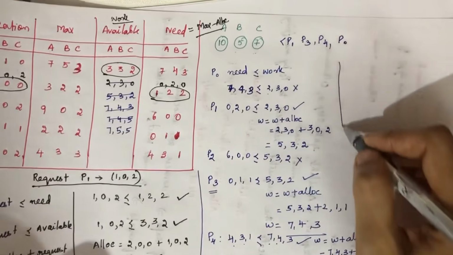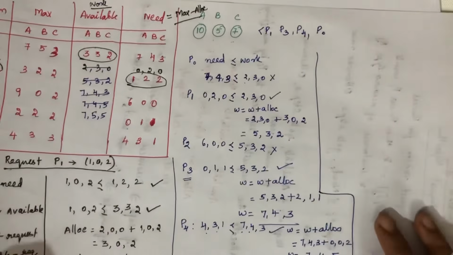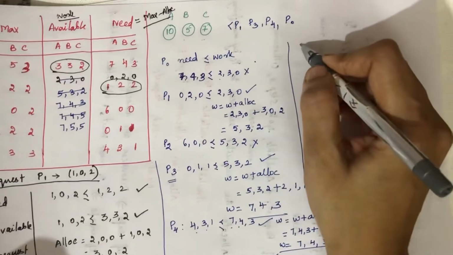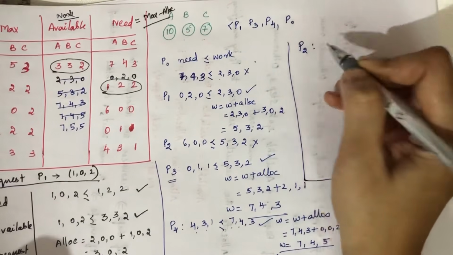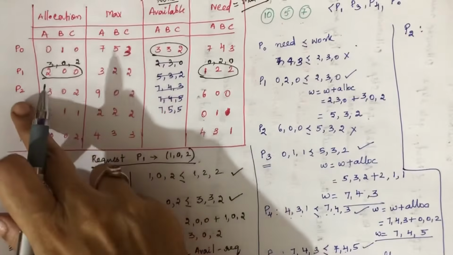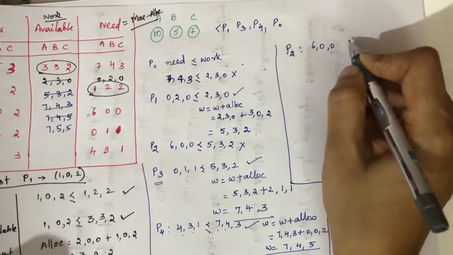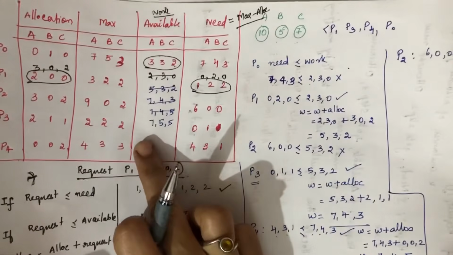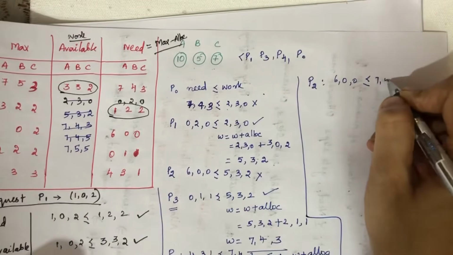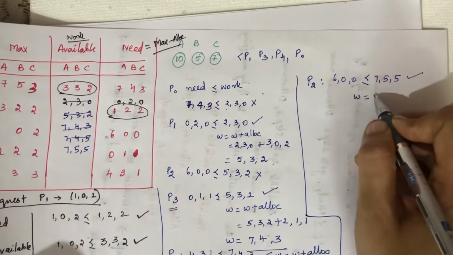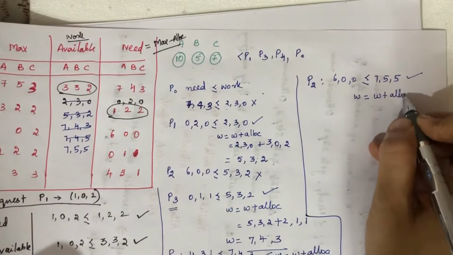Next we will go to the process. We have completed P0 and next is P2. What is the P2 need value? It is 600. So 600 is lesser than or equal to the work value 755. Yes, it is lesser. So we can allocate: work plus allocation.